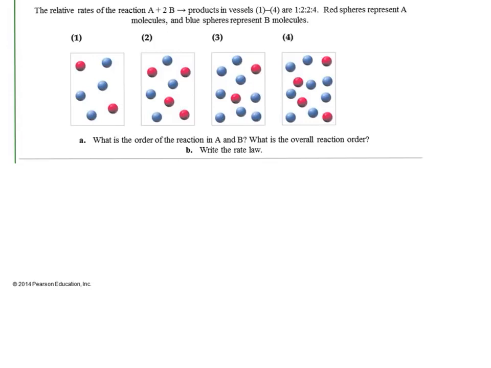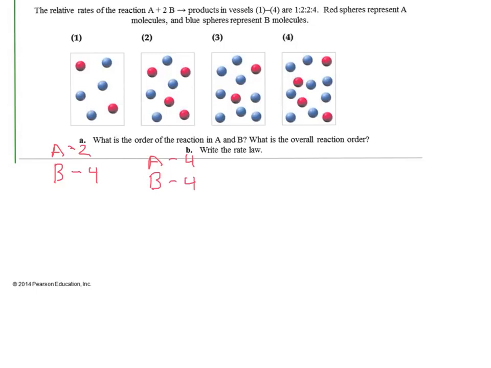The red spheres represent A, the blue spheres represent B. Okay, so this really involves some counting. In my first box, I have 2 A's and I have 4 B's. Then in my second container, I have 4 A's and I have 4 B's.